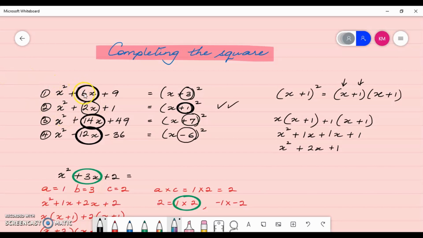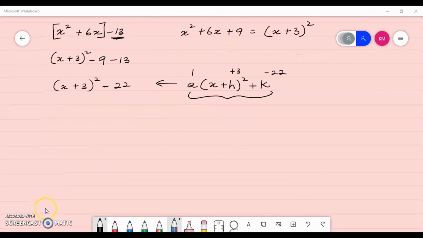Let's see. Half of 6 is going to give us 3, half of 2, 1, half of 14, 7, and half of 12, 6. So you can see that in order to find that term there, we simply have to find half of our middle term. Now, back to our question.